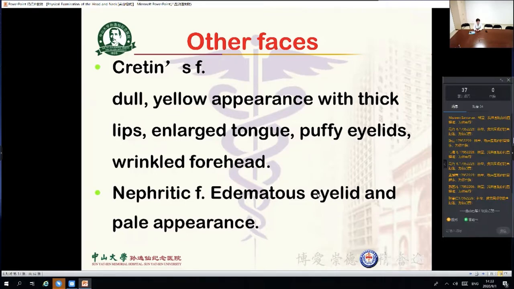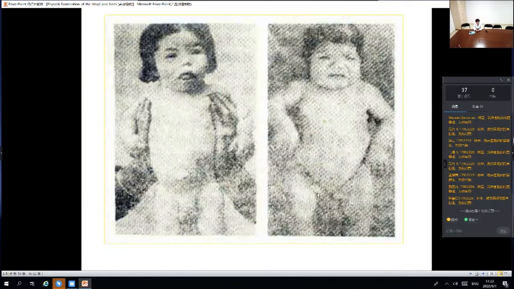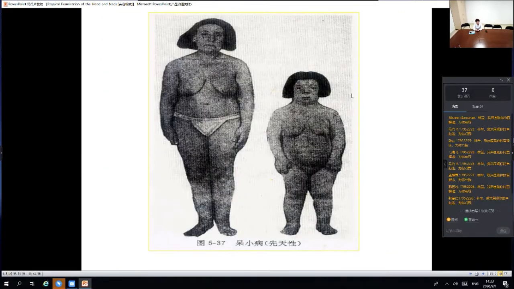This kind of patients also suffering from the kidney disease. And on the left is the cretin faces, and the right side is the nephritic faces. 呆小病肾病综合征面容。Also, this is from the textbook. On the right side, you can see this patient is a patient suffering Cretin's disease.